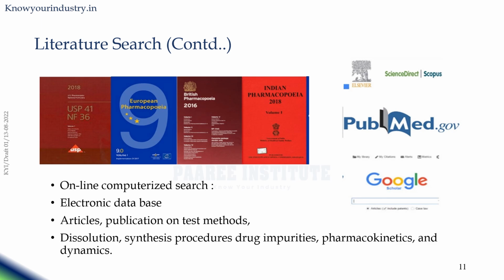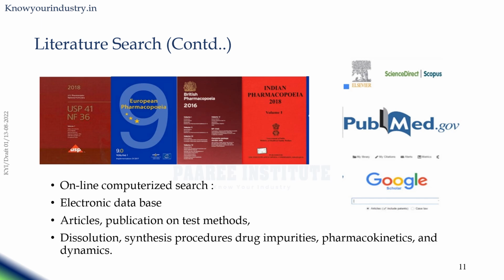And there are PubMed and of course Google, and USP, European Pharmacopoeia, British Pharmacopoeia, and Indian Pharmacopoeia. Apart from that, you can also get articles from ScienceDirect or various other domains for literature or scientific articles.